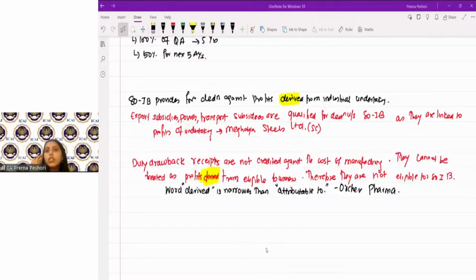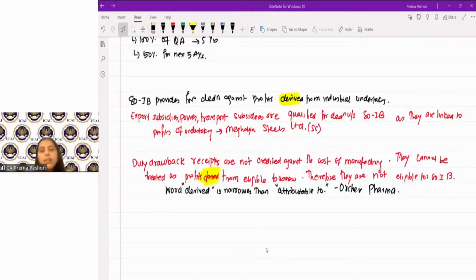Let's say I have the eligible business for which I am claiming 80IA. There is another business which is not eligible for any deduction. So can I claim the unabsorbed depreciation of the eligible business against the income of the non-eligible business? That was the question before the Karnataka High Court.